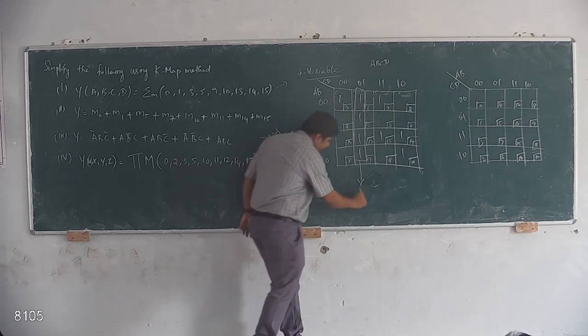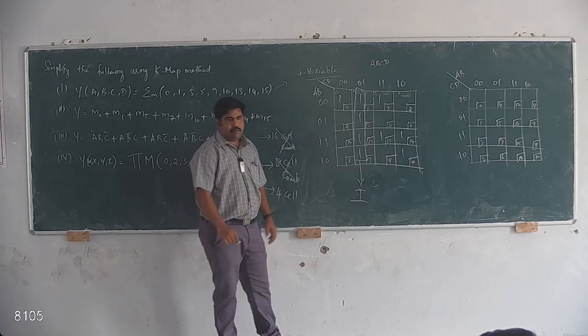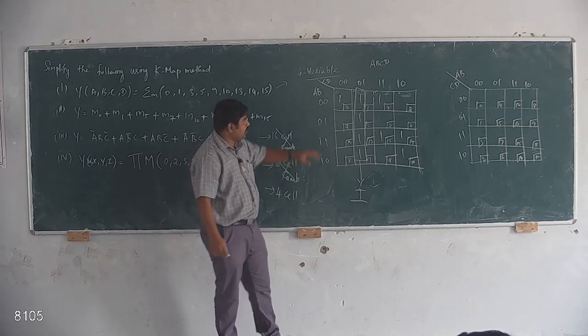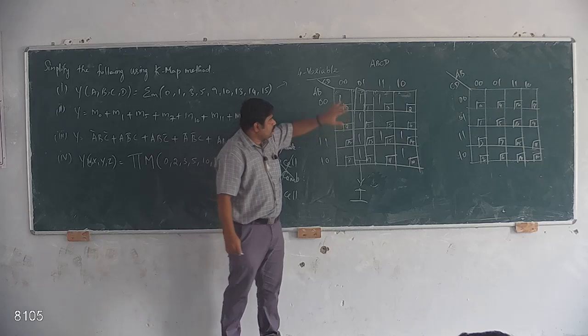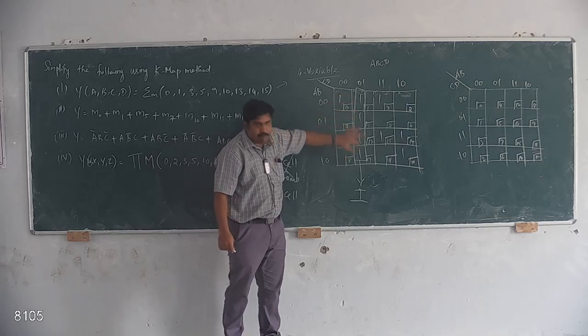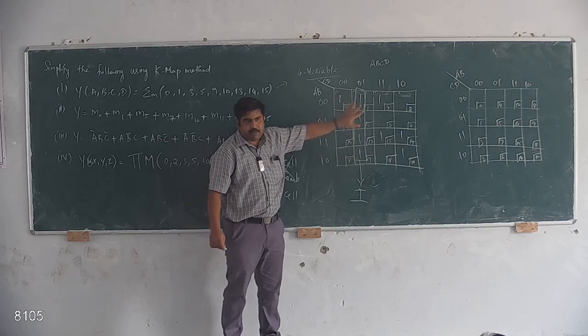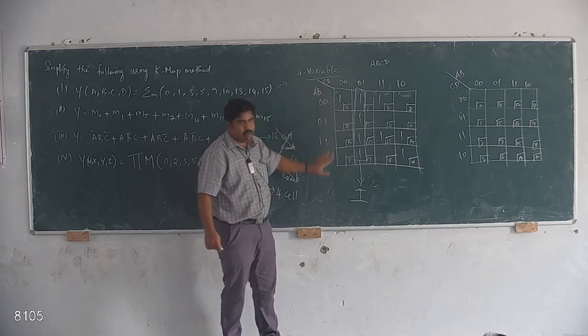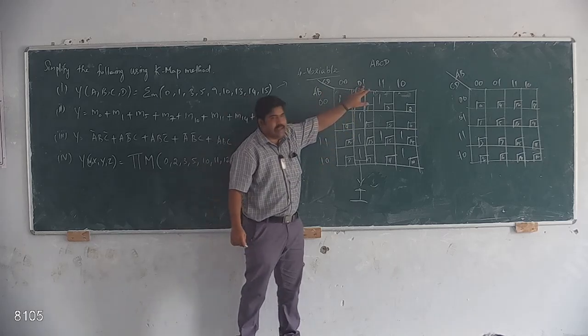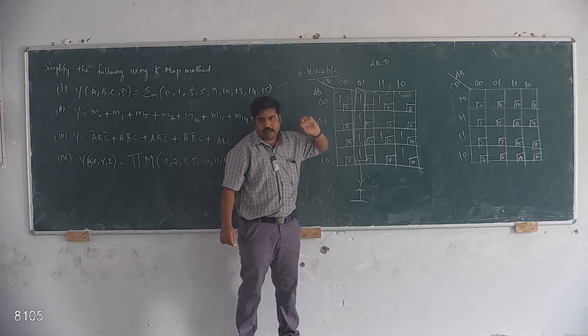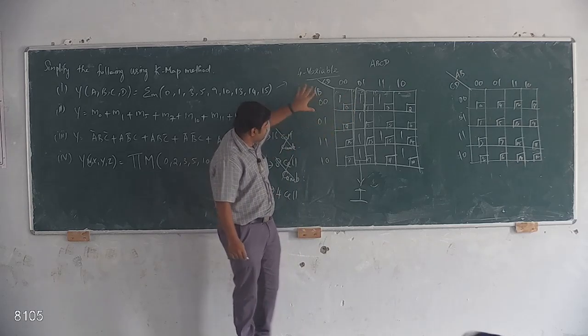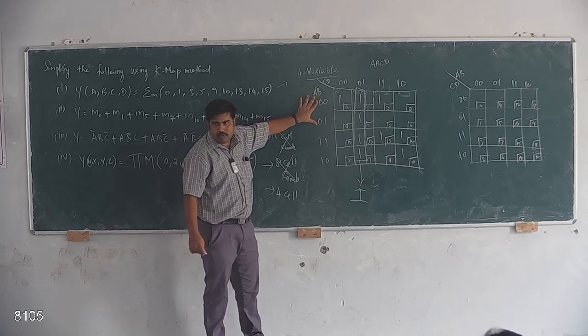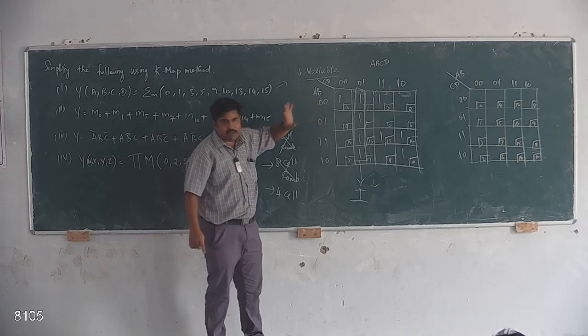This is the first. We have identified the first one, listen carefully. Here all the 4 boxes have combined together. All the 4 boxes combined together means we need not see these values. Whatever the value over here, directly we need to write that value. All the 4 boxes will become, because here we are taking 0 common outside. 0 common outside means this 0 and 1 anyway is going to become 1.